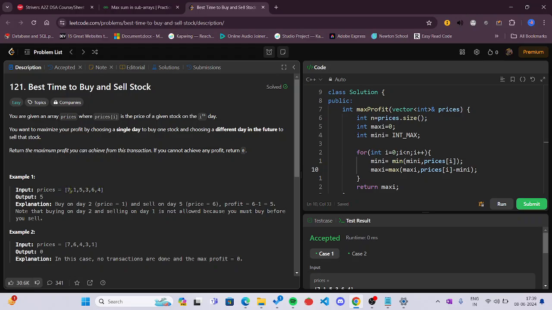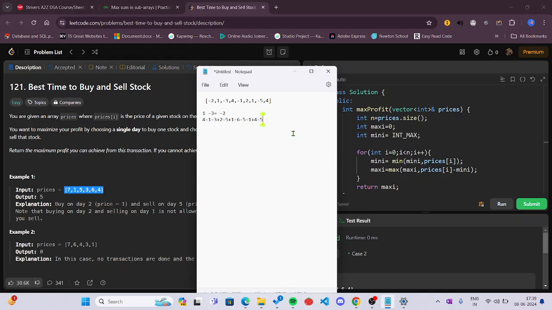And 7 is on the 0th index, right? Let me be more clear. See, 7 is at 0, and then you have 1, 2, 3, 4, 5, right?